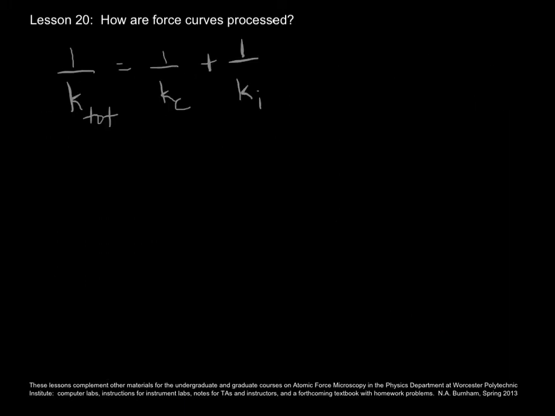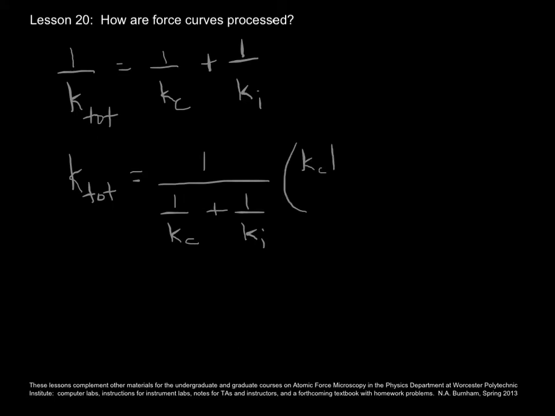I've repeated this equation. Let's invert it now and see what K total looks like as opposed to the inverse of K total. So here I'm taking the inverse to get K total. And now you see a mess in the denominator, but what you can do is multiply this expression by 1. And here I have a very fancy form for 1: KcKi over KcKi, that is still 1, even though it doesn't look like it initially.